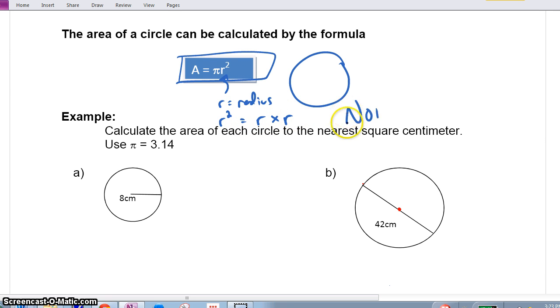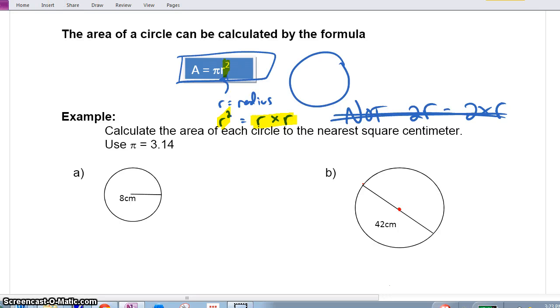It's not 2r. It's not 2 times r. The r squared piece here is the radius times itself. The 2 that's superscript up high, that's squared, so the radius times itself.